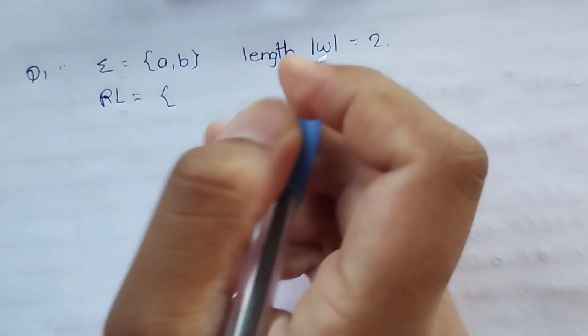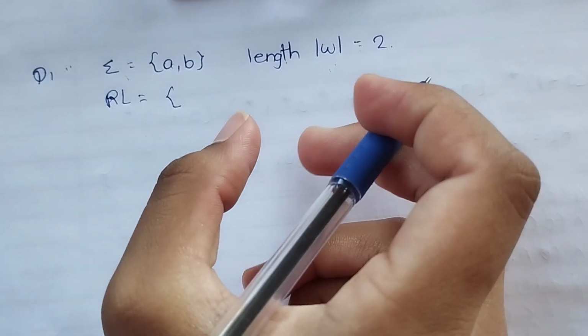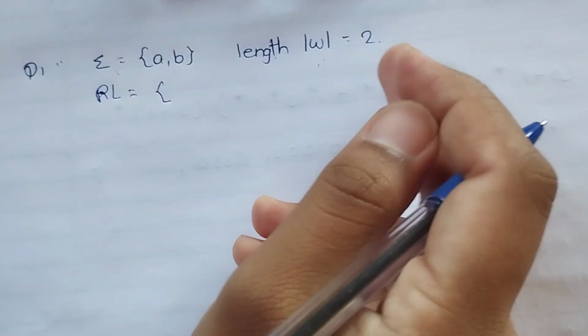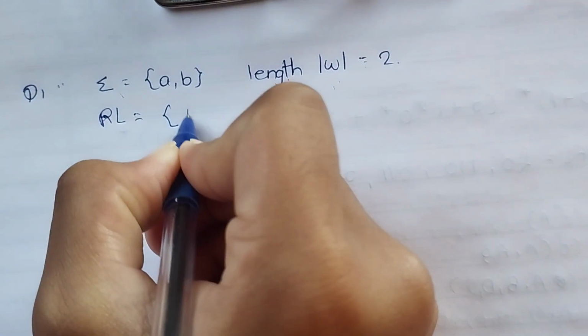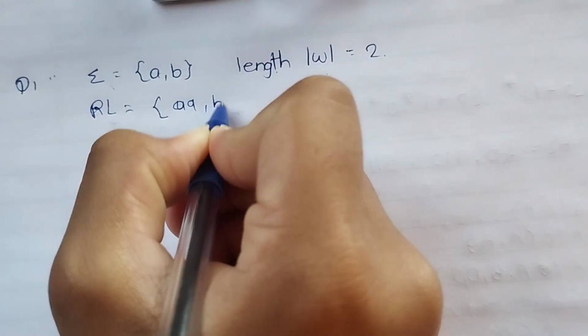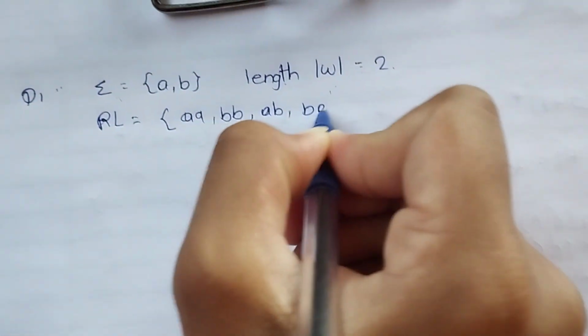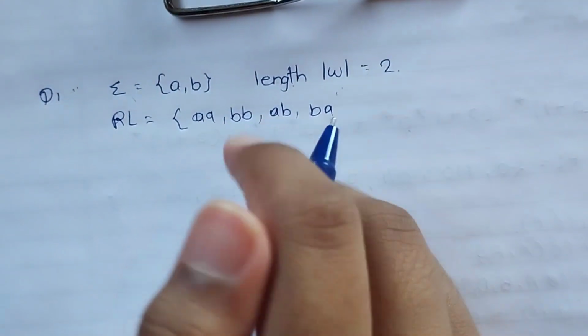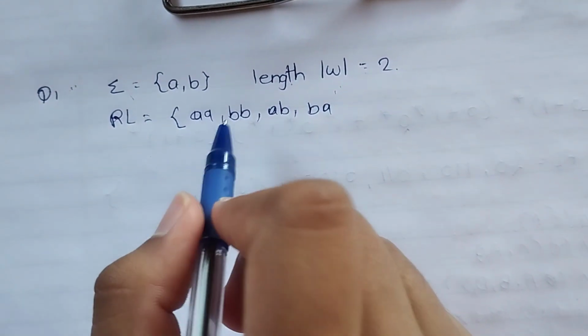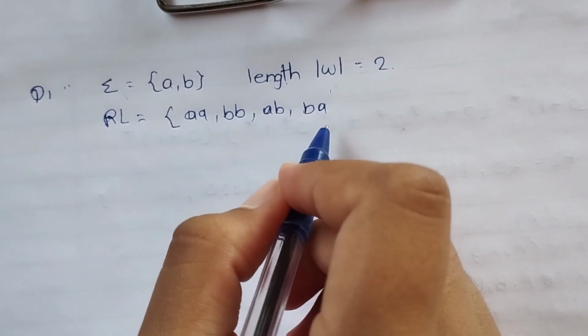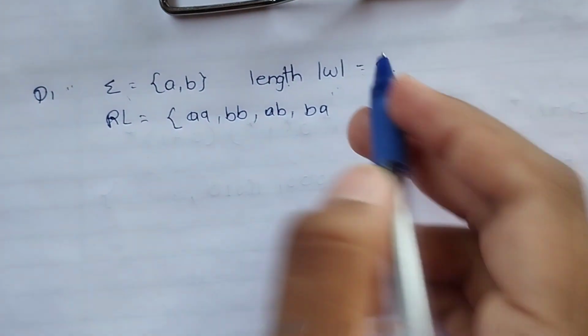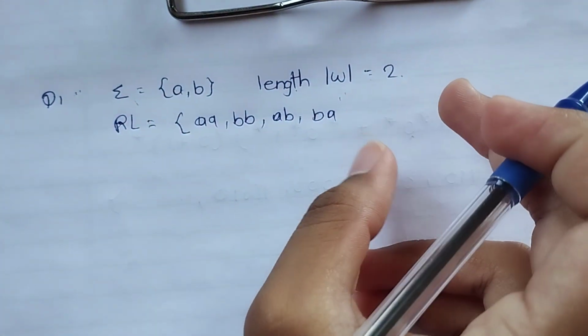Only a limited number of strings is possible because we want only length 2. So AA, BB, AB, or BA. Only these 4 strings are possible through A and B, because the length is always 2.